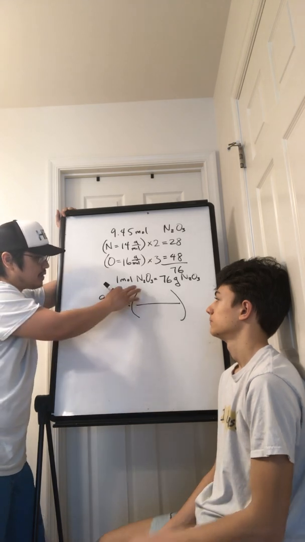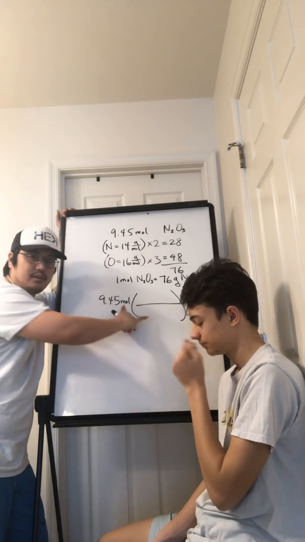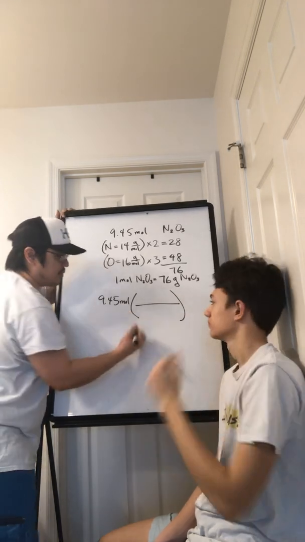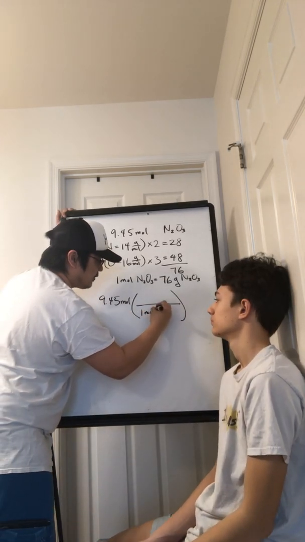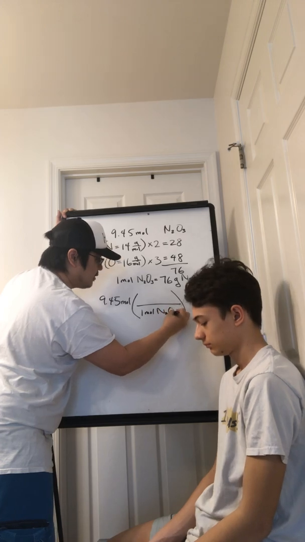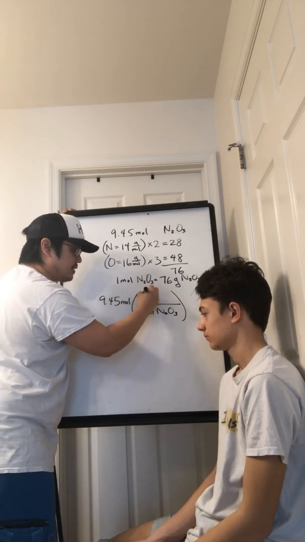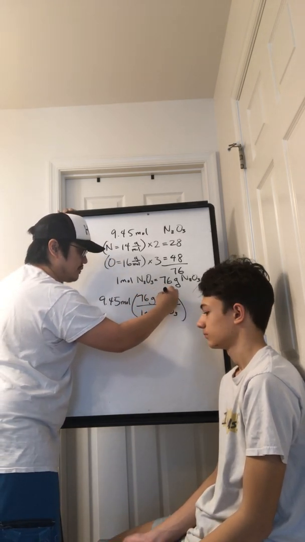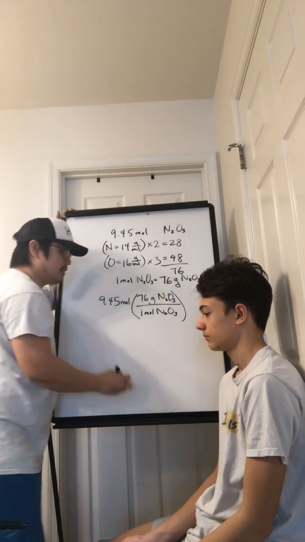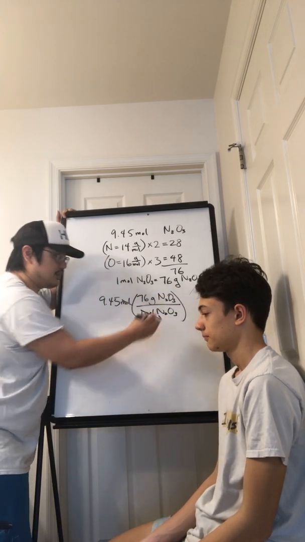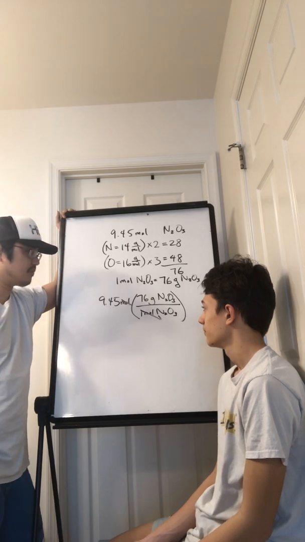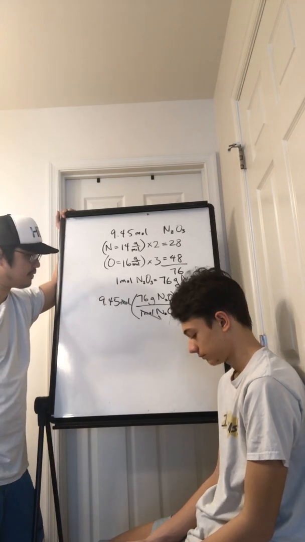Exactly. In order to cancel out the moles on top, we need this moles to be on the bottom. So I'm going to put 1 mole of dinitrogen trioxide on the bottom, and on top is going to be 76 grams of the same stuff. The moles will cancel out with the moles, and then we just figure out, what's 9.45 times 76?